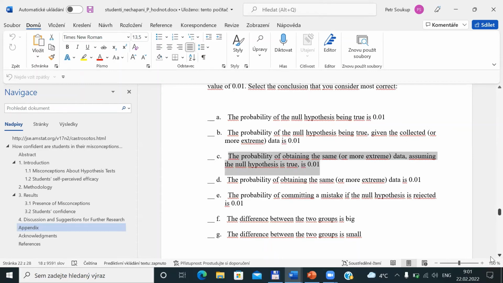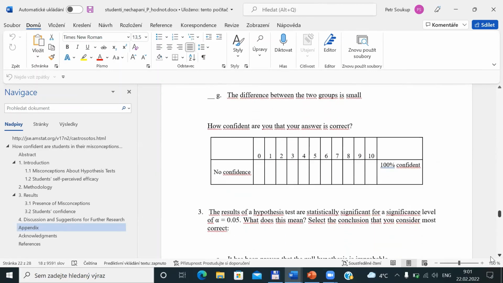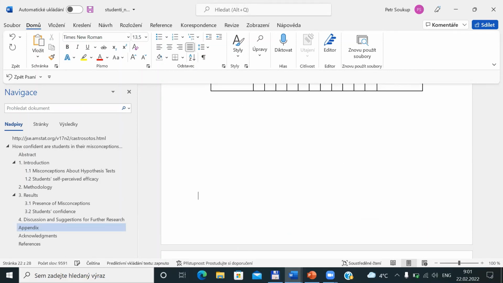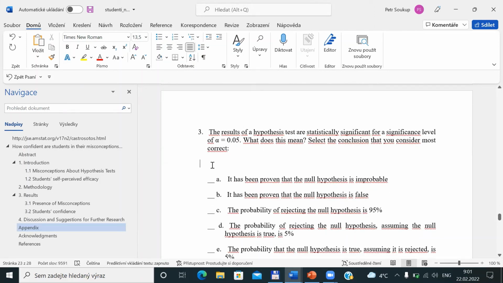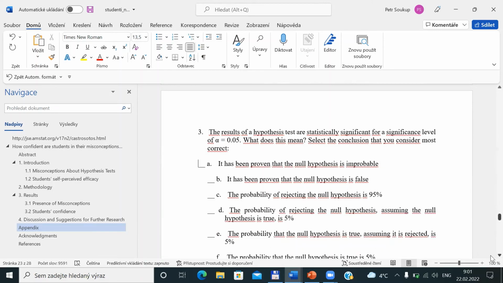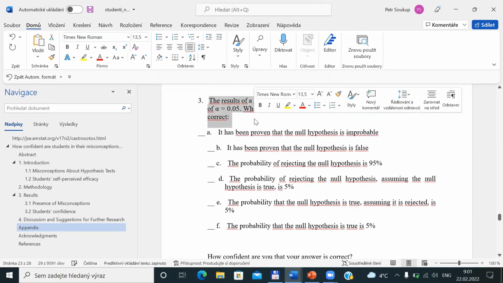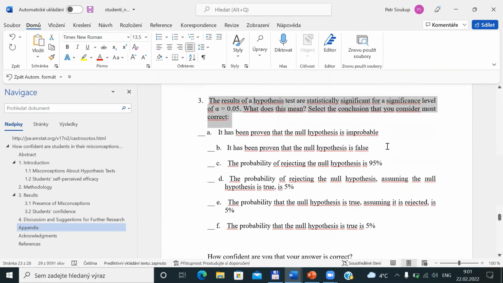Okay, and the third one may also be quite difficult, so I will maybe take it on one page only. So here we are. Here we have the last item, which is not about statistical testing, not about p-value, but about the usually predefined level of alpha, or sometimes we call this level statistical significance.